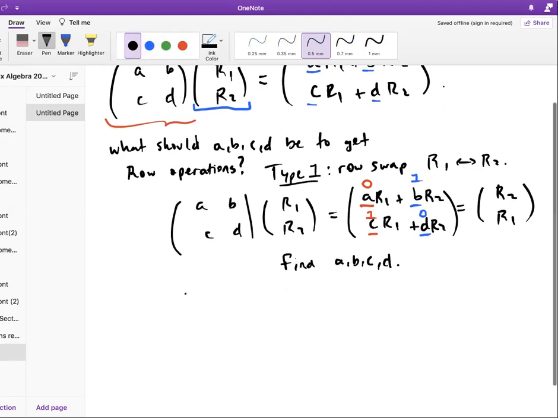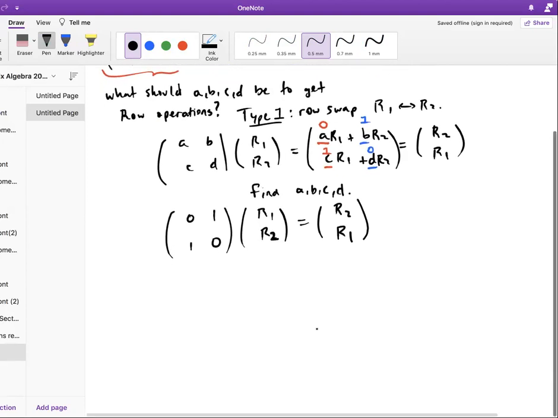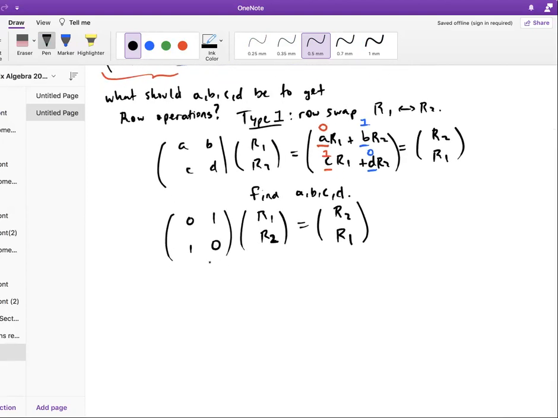So if I do 0, 1, 1, 0, this matrix looks familiar, right? Times row 1, row 2, I get row 2, row 1. So let's just see if that makes sense if you're putting it in normal matrix form instead of this column of rows thing.